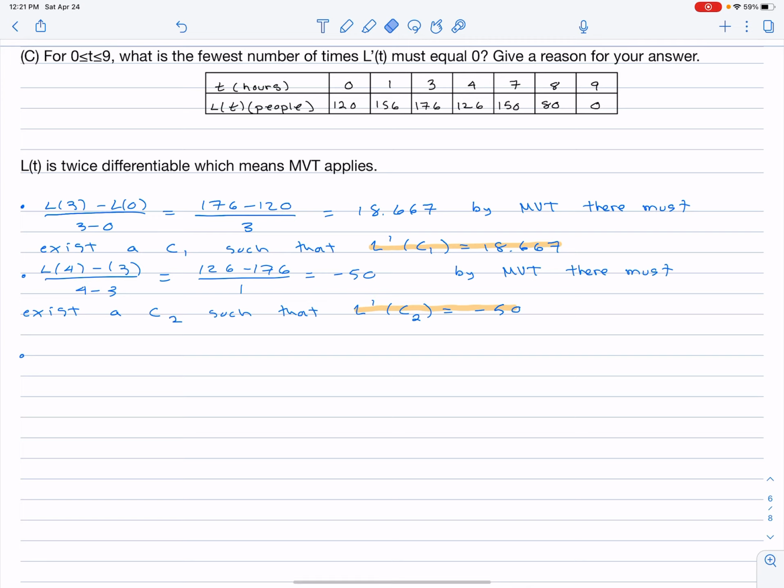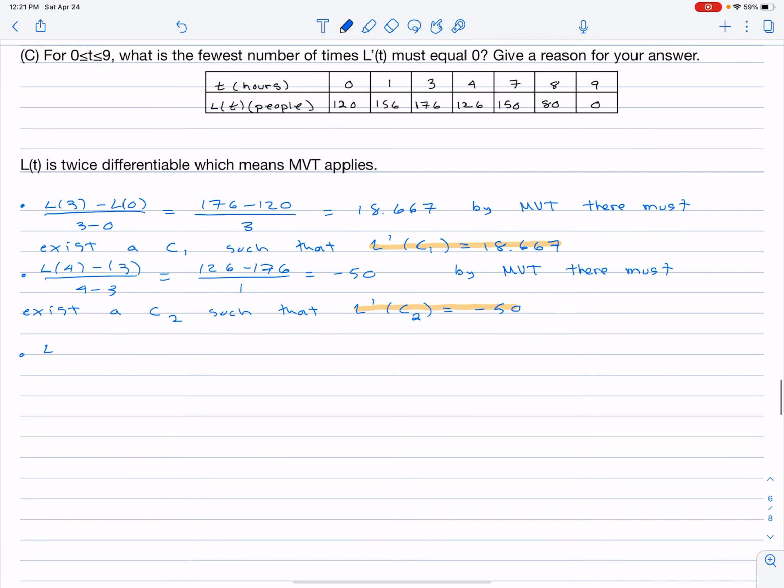So I'm going to say L of 7 minus L of 4 over 7 minus 4 equals, what is that? That is 150 minus 126 over 3, equals 8.